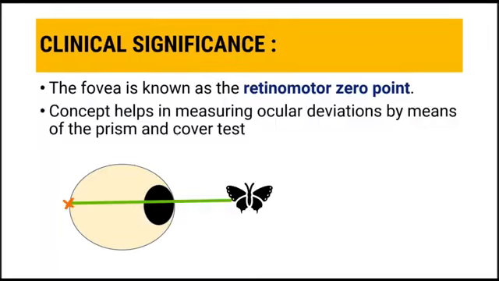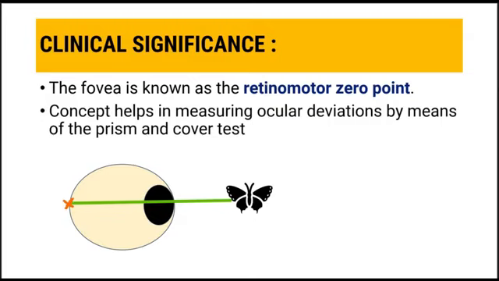So why are we actually talking about this? It's important because the first thing you should know is that the fovea basically has a retinomotor 0 point, okay, because it has zero retinomotor value. And this concept actually helps you in measuring the ocular deviation by means of prism and cover test, right?